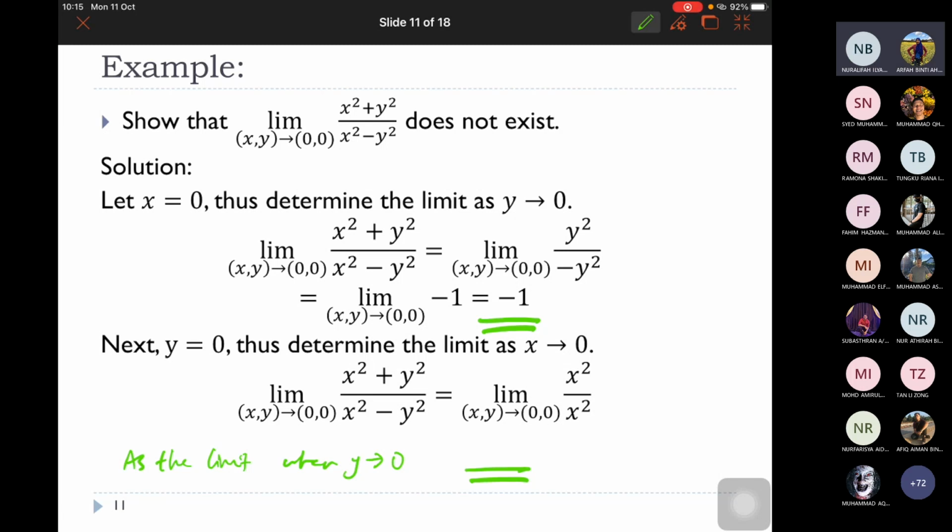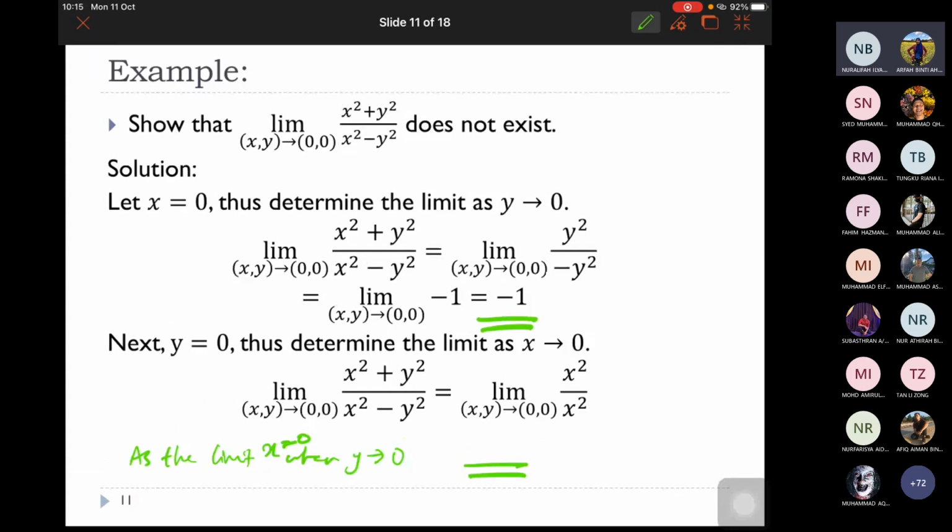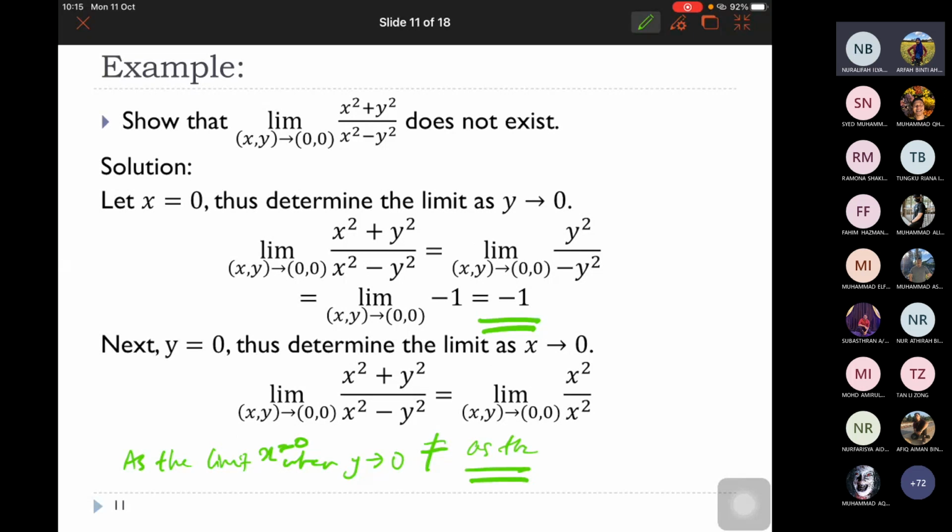Okay, so as the limit of x approaches 0, when x equal to 0, y approaches 0 does not the same, okay, as the limit when y equal to 0 and x approaches 0.